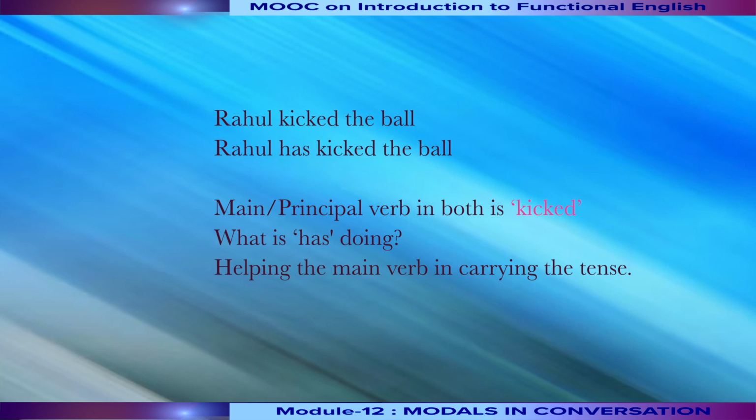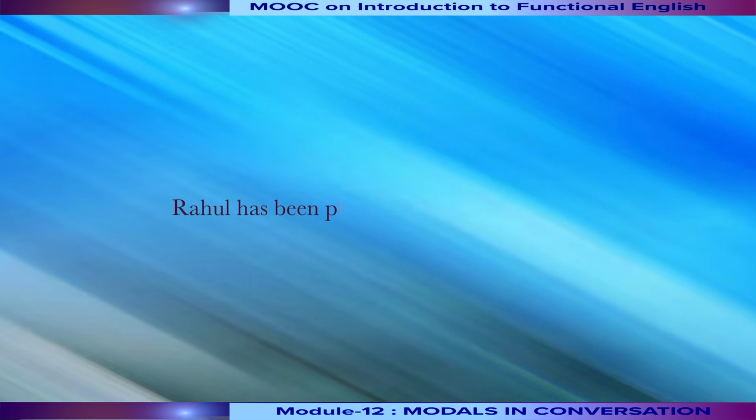The helping verb or auxiliary verb helps the main verb in carrying tense, and not only tense, it also helps in carrying aspect. For instance, Rahul has been playing football since morning. Here has carries tense, and been carries the aspect of the sentence.